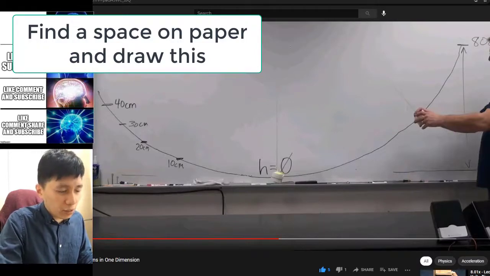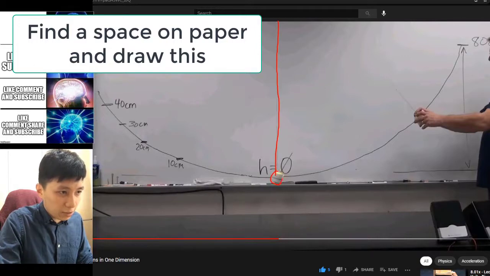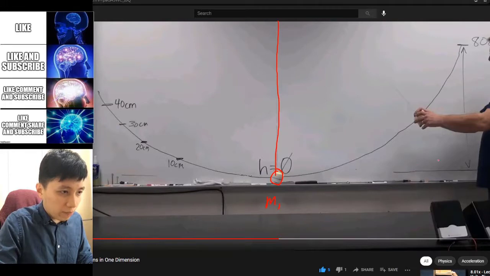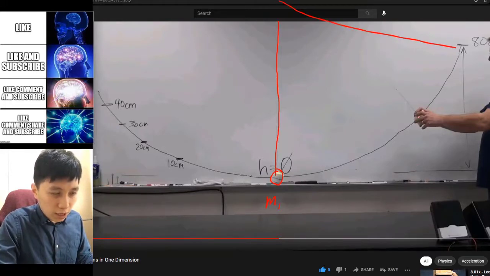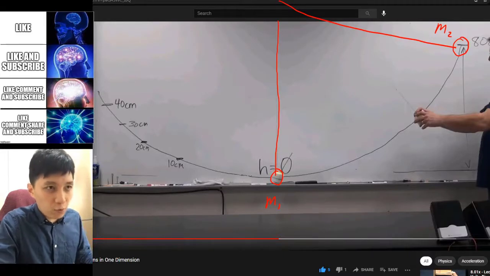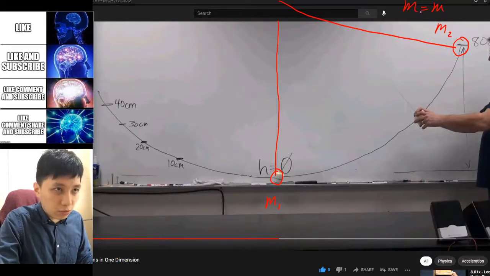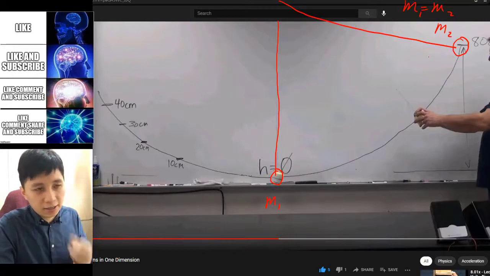So here I've got a setup with a tennis ball connected by a string hanging in the middle. Let's just call it M1. Here I've got another ball which this guy is going to move up and release here. Let me call it M2, and in fact they are all the same. So both M1 and M2 are of exactly the same mass because they are simply identical.